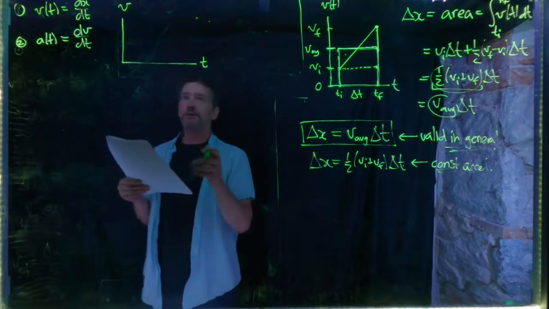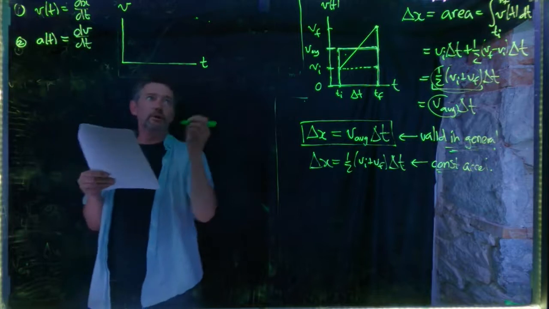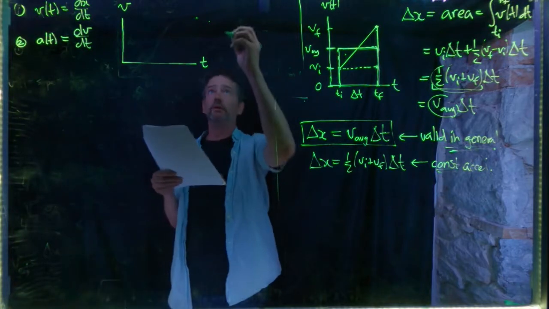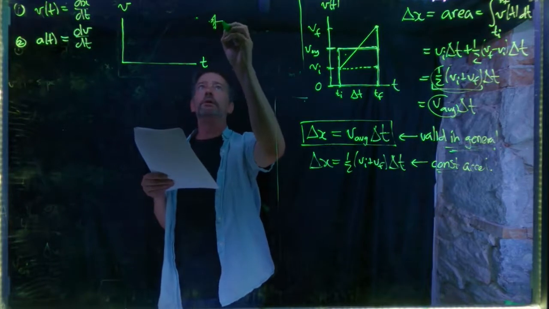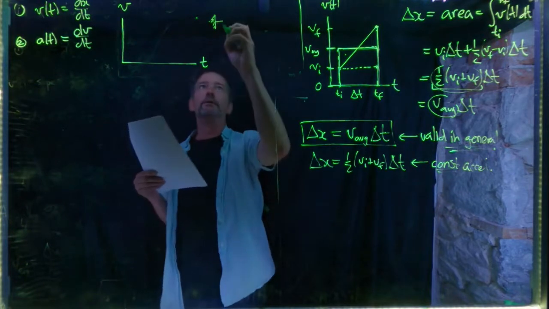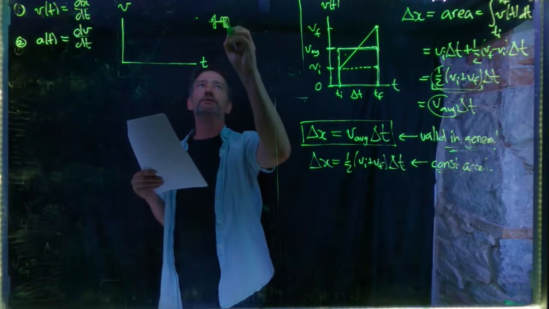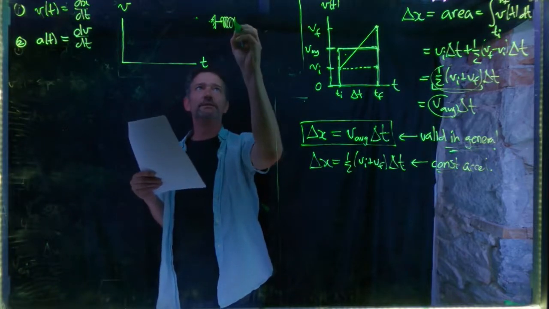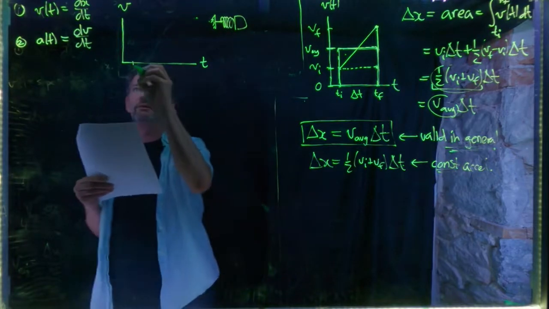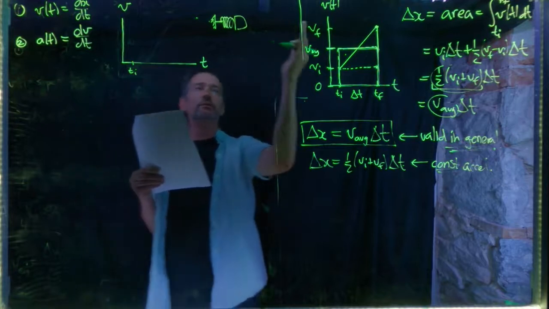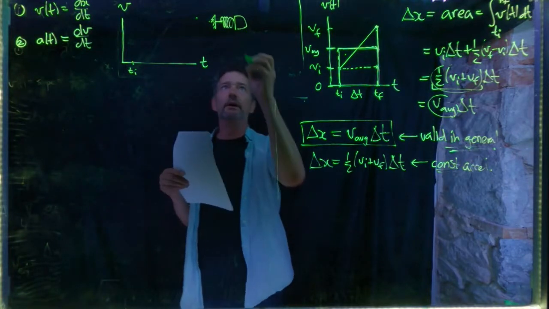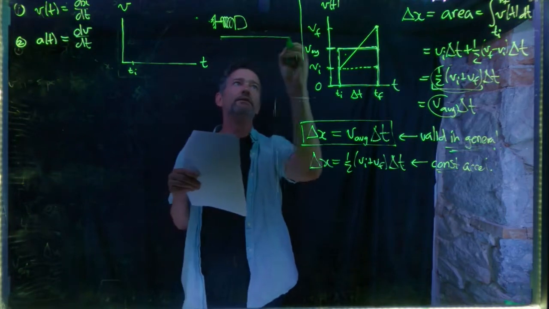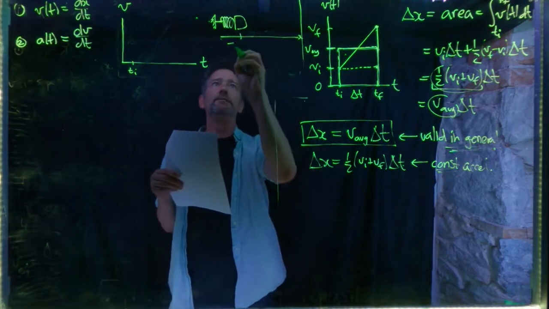Actually, let me draw this diagram over here. Okay, so we had the wall here, and we had the spring. Let's suppose that the spring was maximally compressed at this instant of time. This is t initial. So at t initial, the spring is maximally compressed, and the mass is sitting at x equals minus a.